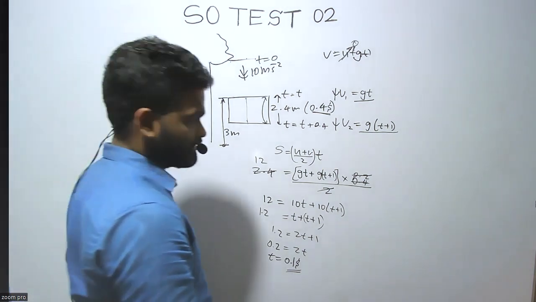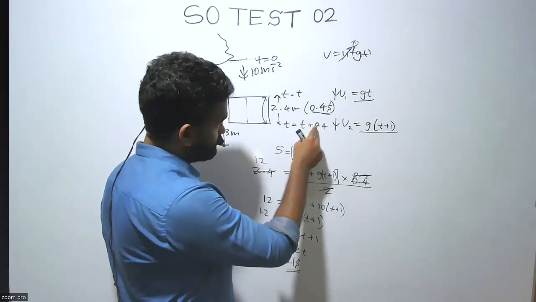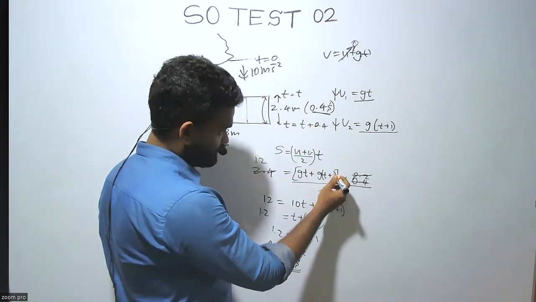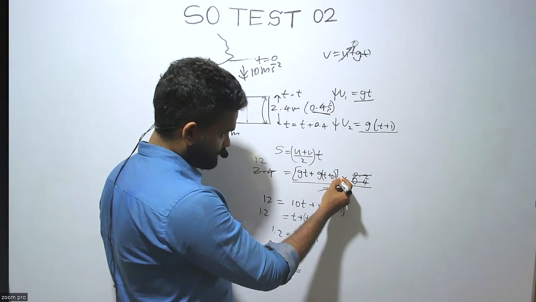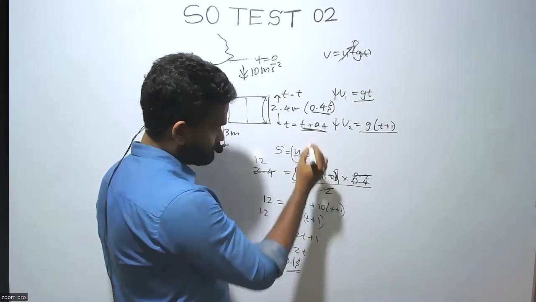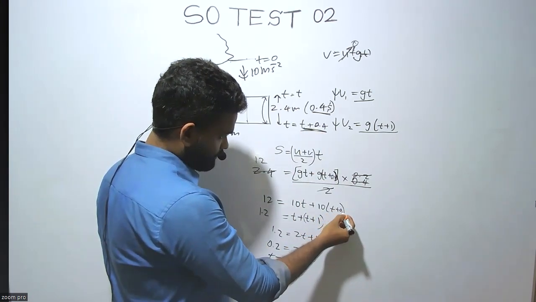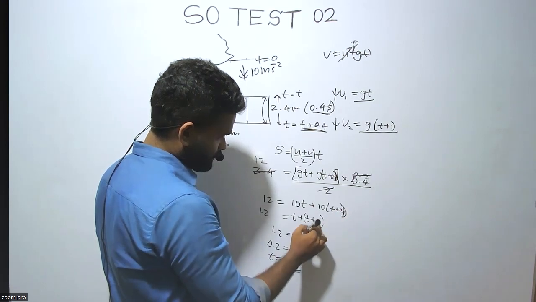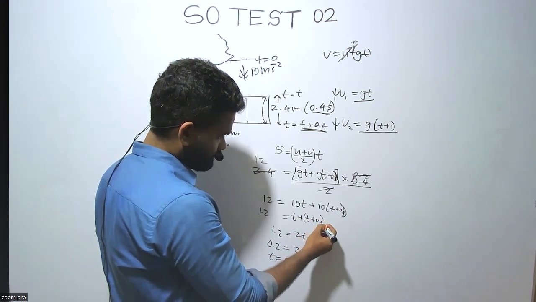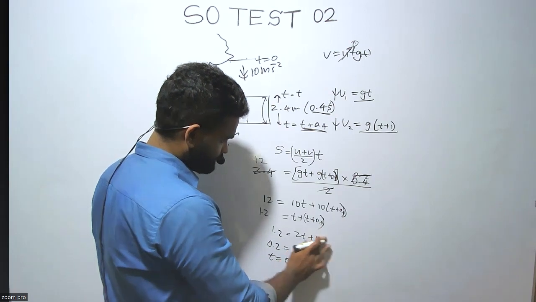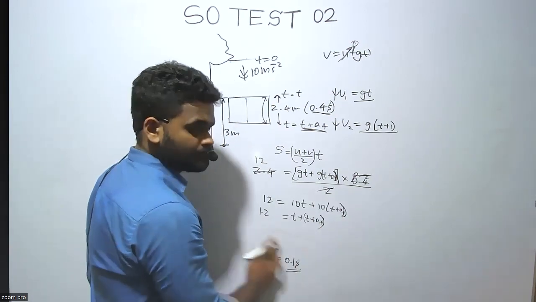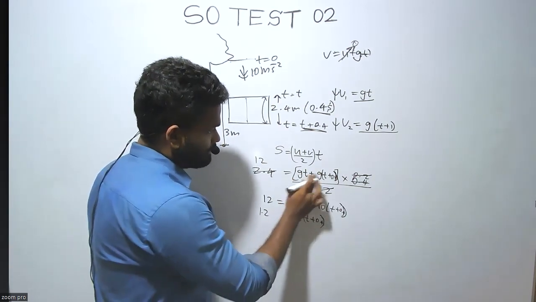There's a mistake here. This time is not t plus 1, it should be t plus 0.4. Get it? 0.4, not plus 1. Time is t plus 0.4.